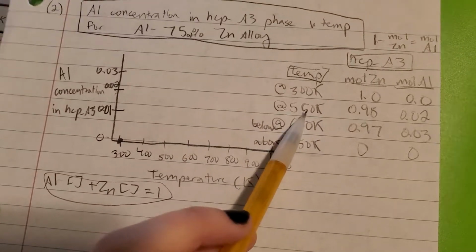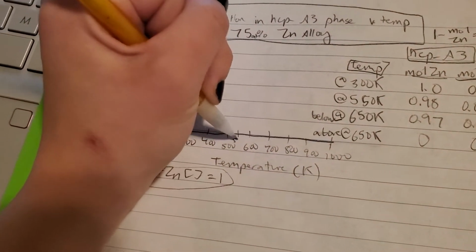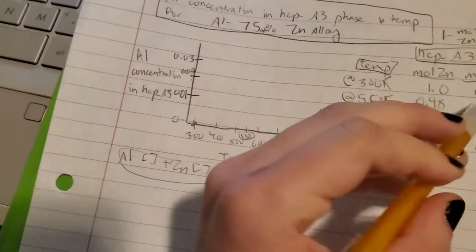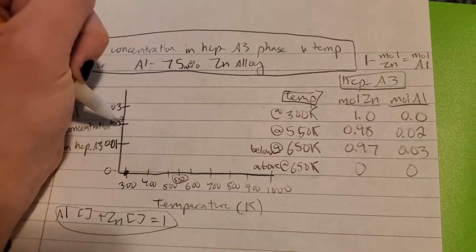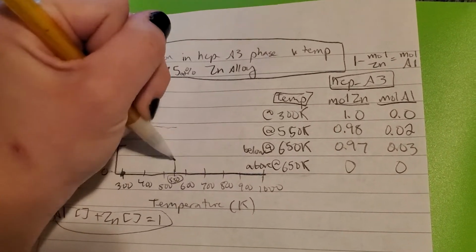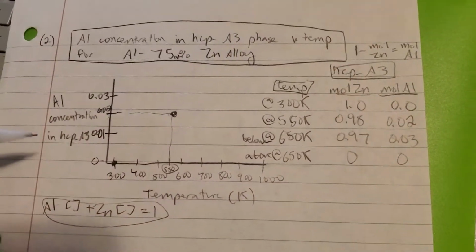So using these values, at 300 Kelvin, we have 0 moles of aluminum. And then at 550 Kelvin, we have 0.02 moles of aluminum. So we'll drag that line over, get that point.